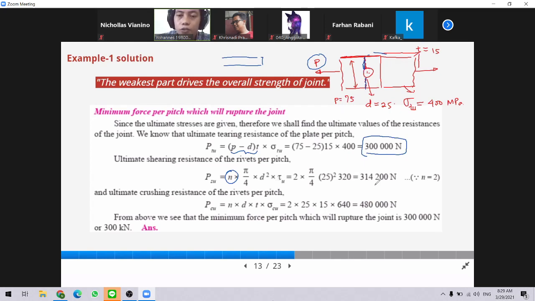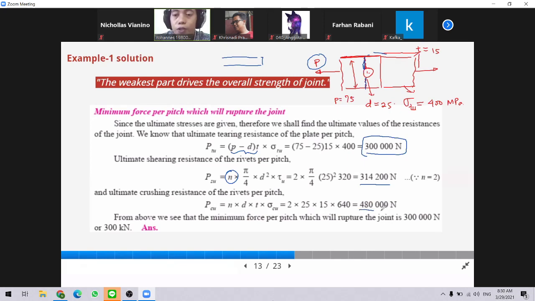So here we have two, so that means we have the shearing area. Okay. And the capacity is 314 kilonewton here.